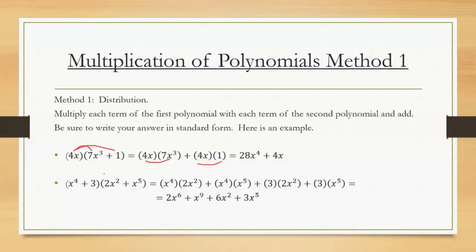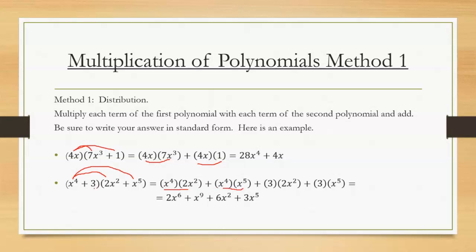So for this one, again, it's distribution. The first term here, we're going to multiply with each term of the second. So we have this. The first term, we're multiplying that with each term from the second polynomial, as you can see.